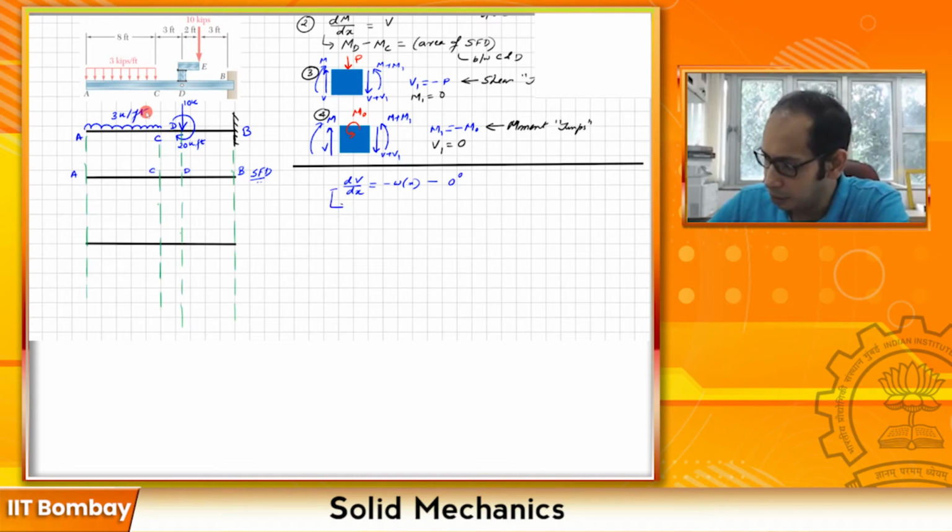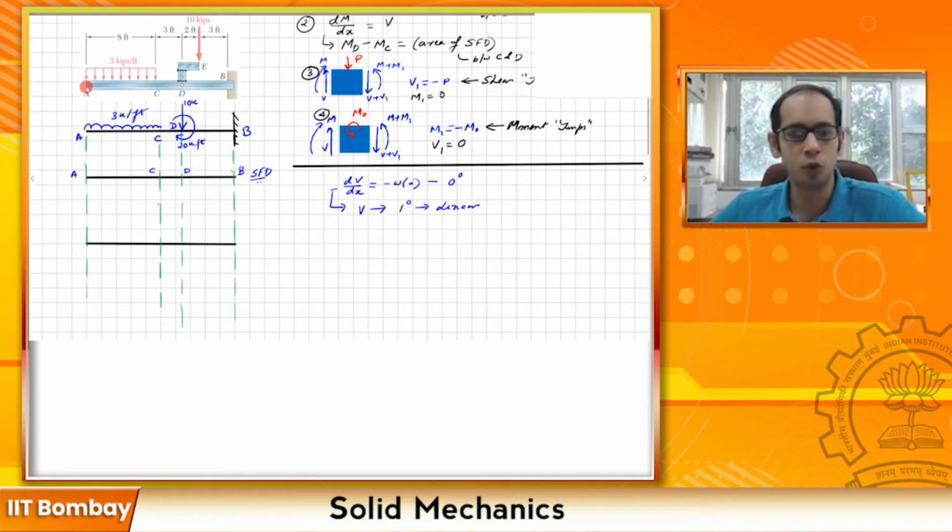That tells me that from A to C, V will be degree 1, so it will be a linear line. Also, intuitively, since it is a cantilever, here is a free end and there is no point load or concentrated moment at this point, so the shear force will be 0. I am starting from 0 over here, then I will have a linear line.